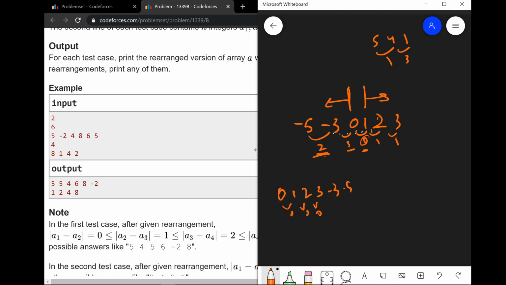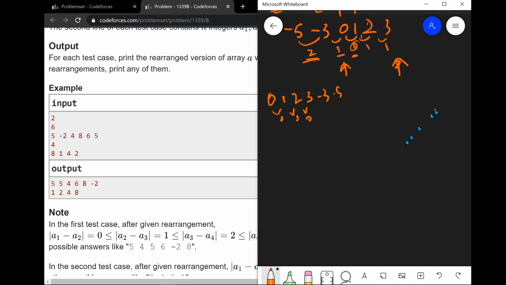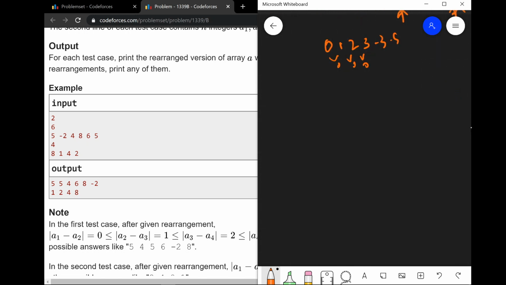Okay, this will not be the case, that's for sure. Yes, we have to only go in one direction from this and this. Okay, so now I think I found the approach. So how I am going to approach is, first I will sort the array, and in the sorted array I will find the minimum adjacent difference.